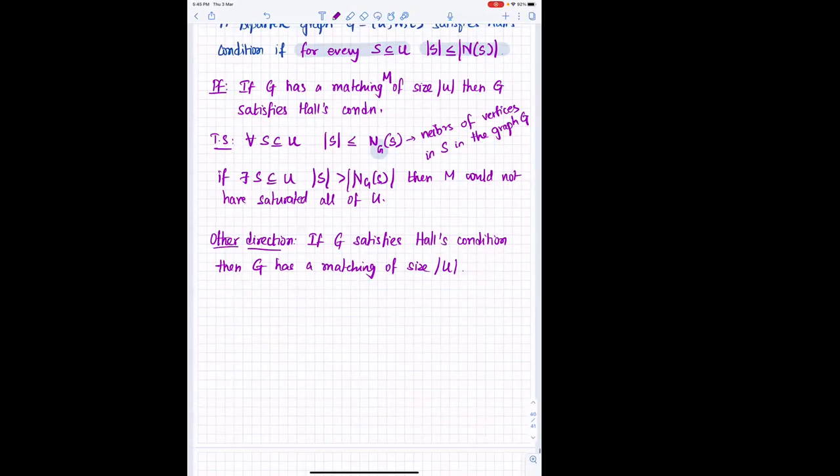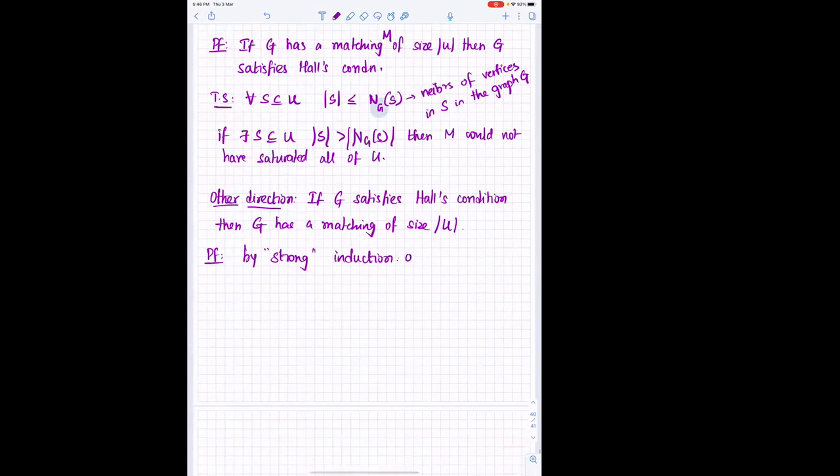So the proof is by induction, what we call strong induction. So does anybody recall what strong induction is? Assume it's true for all things less than your current N. If the predicate is true for all values less than N, then you can show that it's true for N. Right? Not like N to N plus 1, but for everything less than or equal to N to N plus 1. So we are going to do a strong induction on the cardinality.